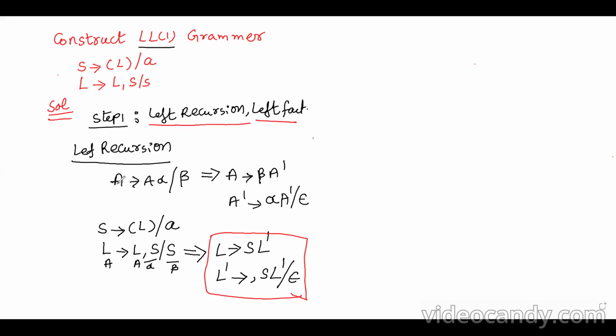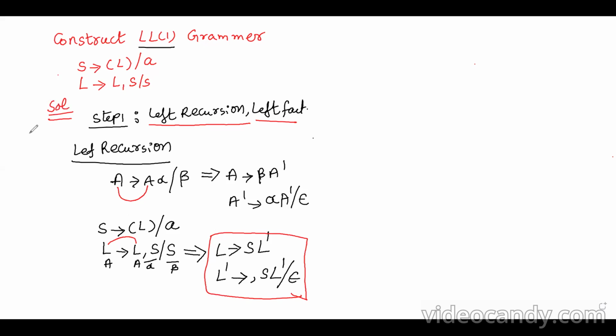If the production is in the form A tends to A alpha, the left side and right side values must be the same. When it is the same, you must follow A tends to beta A dash. Beta means the value after the slash, and after the slash we have S. A dash means L dash will come. So this is the final answer after eliminating the left recursion.